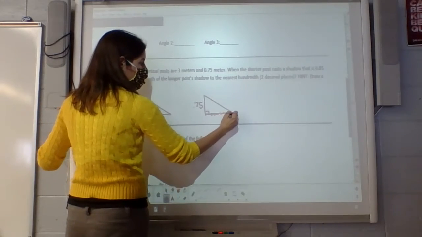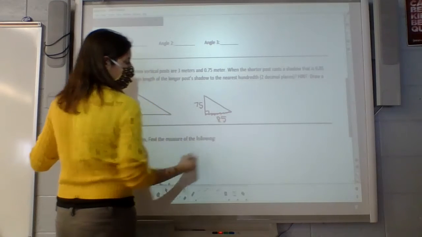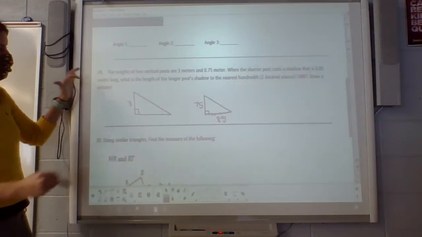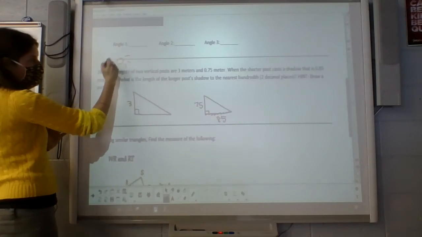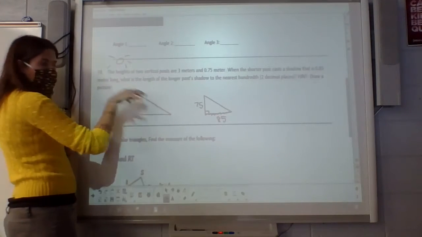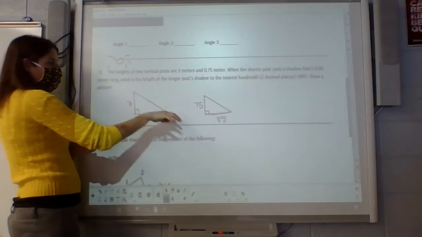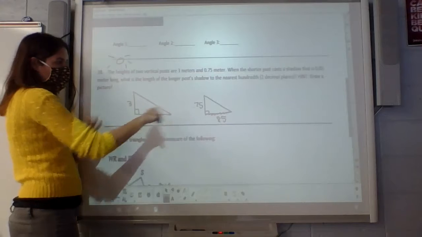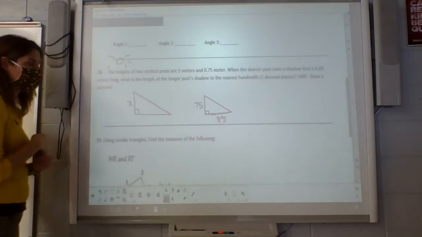So this little shadow is 0.85 meters. The reason I drew that into a triangle is because that's basically the angle of the sun, that is what causes a shadow. The post is hiding that, and so there's going to be a shadow behind it, like what I have up here.